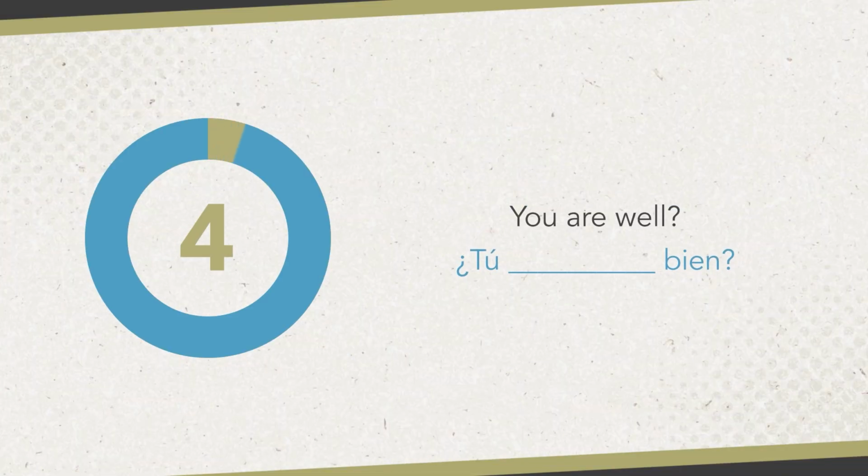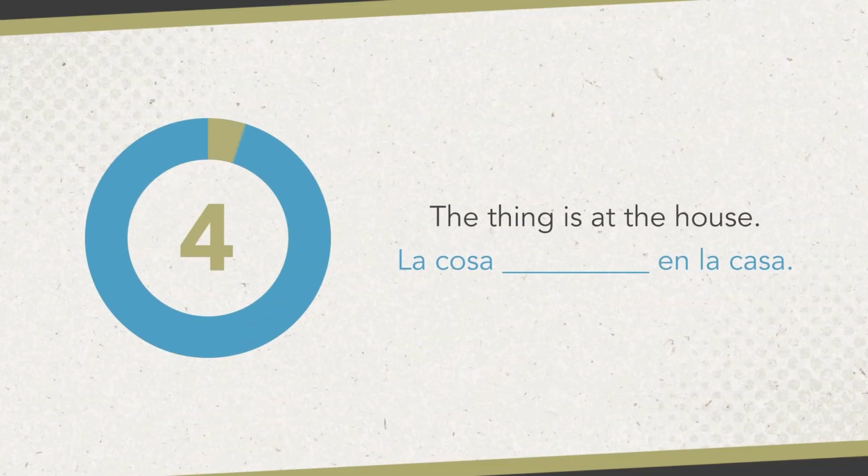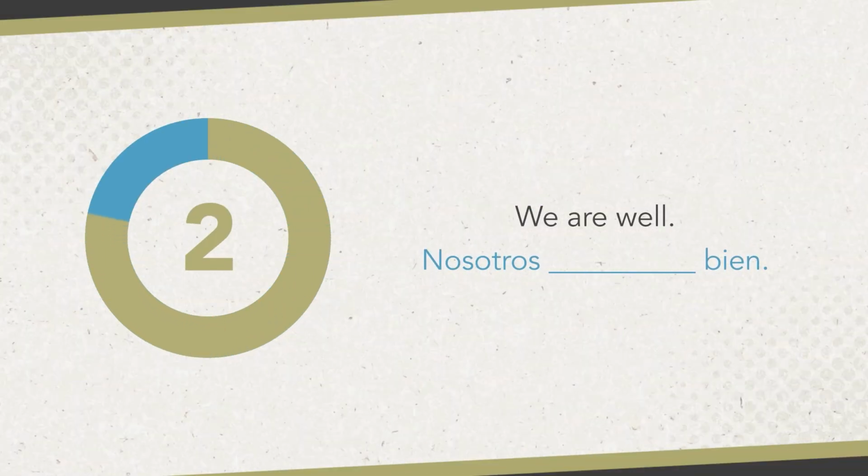You are well. Tú estás bien. The thing is at the house. La cosa está en la casa. We are well. Nosotros estamos bien. We'll get some more practice with these after we go over the other 5 forms.